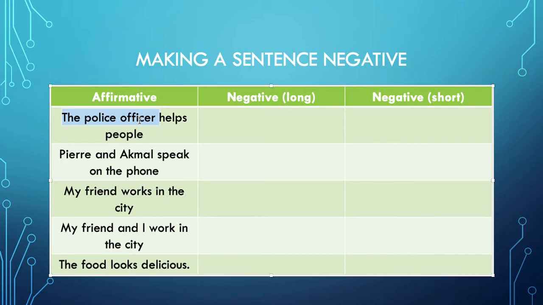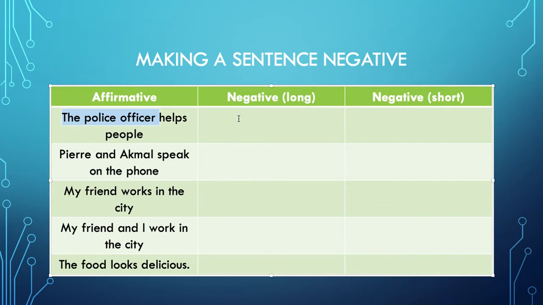So, you must think, is that like I, you, he, she, we, they? So the police officer, yes, this is maybe a man or maybe a woman. Okay, so maybe he, maybe she.